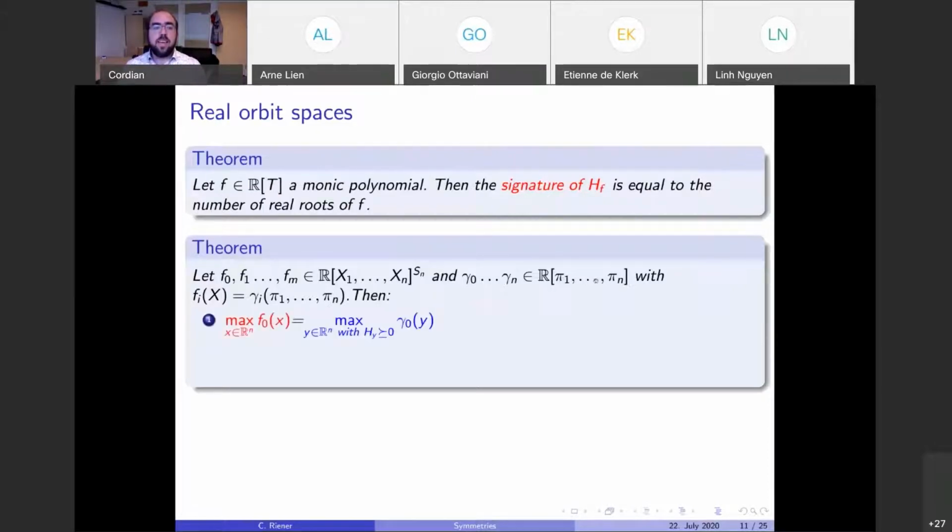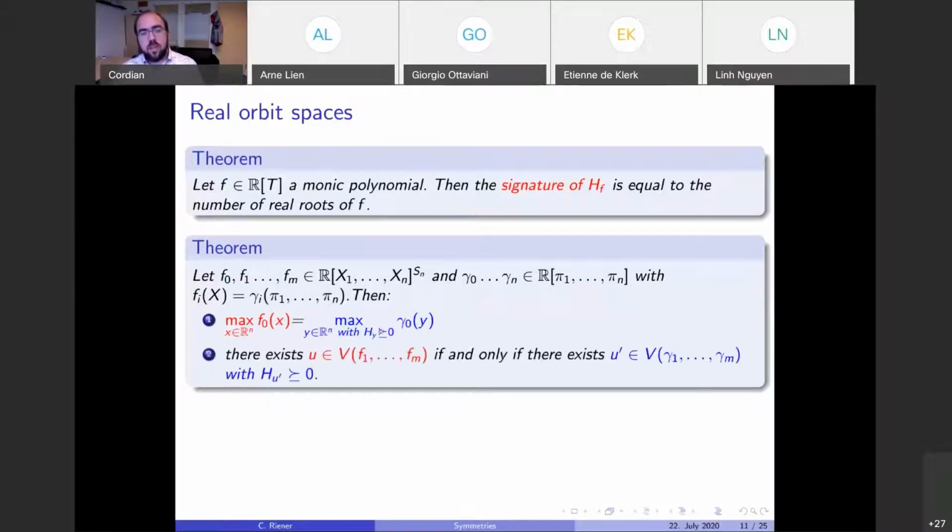Then I can look at the problem of maximizing f0 of x over R^n just by maximizing gamma 0 of y, where y now is a point in R^n. But I have to make sure that the associated Hankel Hermite matrix H of y is positive semi-definite.